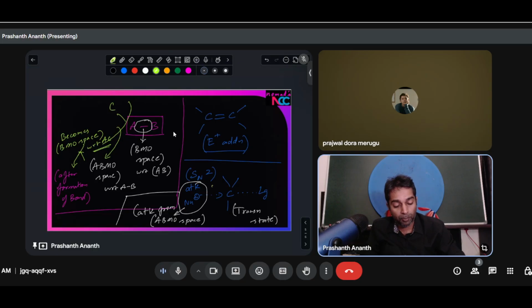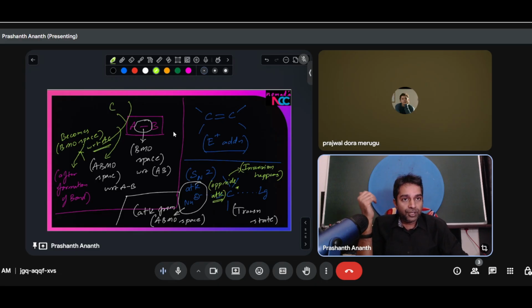We say it is opposite side attack, correct? That is what we say. That is why you are going to have inversion happening. If you have chirality at this carbon here, for whatever reason, if it is chiral, we have an inversion happening there.